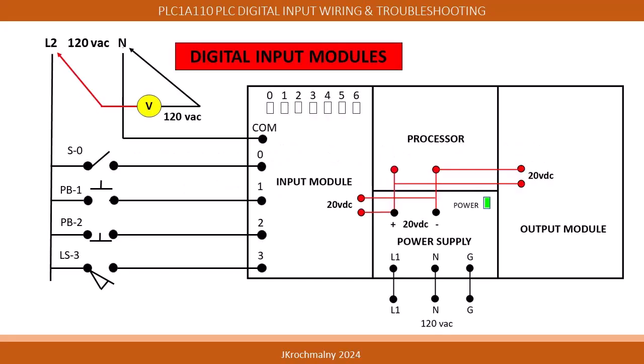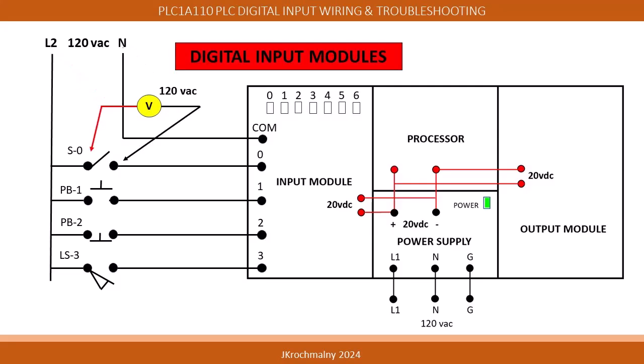PLC digital input verification and troubleshooting begins with a multimeter configured to read voltage. In this graphic, it will be voltage AC. By applying our meter across the voltage source, we may measure the applied voltage of 120 volts AC. If during this test measurement we measure 0 volts, we can determine that the power is absent at this location and that there is a problem somewhere upstream from this location.